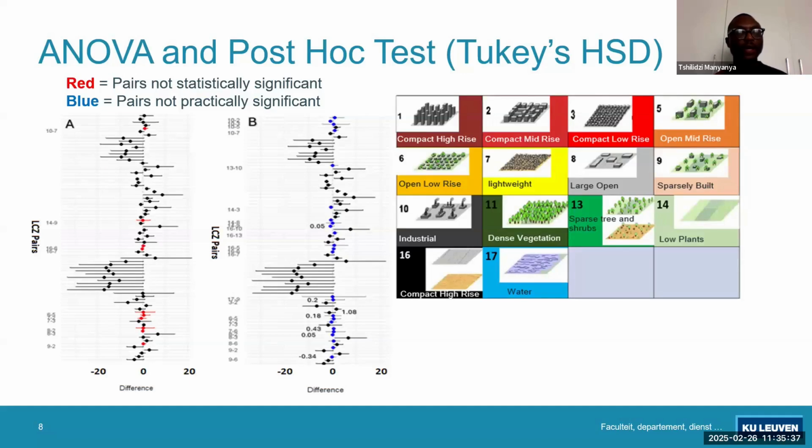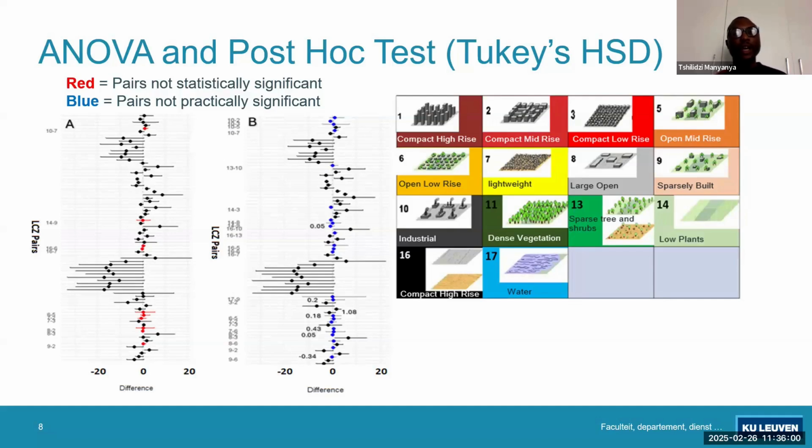And the one in the far left, with the red dots, shows you pairs that are not statistically significant, which means that the difference between the means could have occurred by chance.